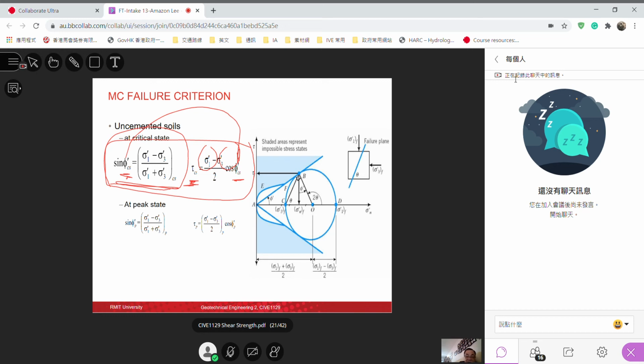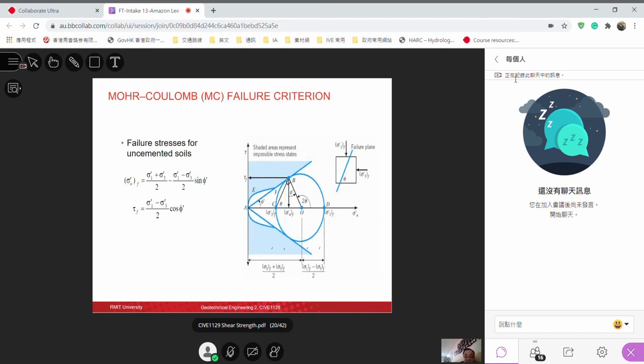And also this equation. If you have the major principal stress and minor principal stress at the state of failure, and you find out the internal angle of friction, you can relate the normal stress at failure and the shear stress at failure using this equation.